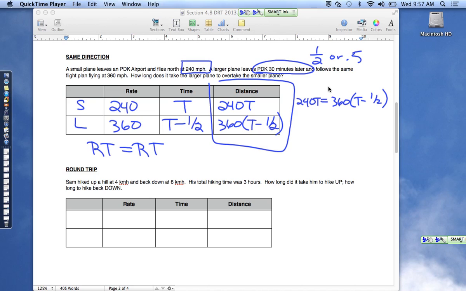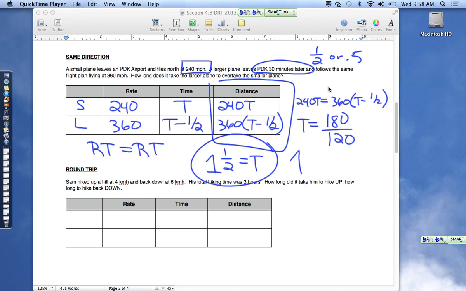And solving that for t, I'll let you all get through that. t ends up being the fraction 180 over 120. This represents time. So I need to take this and turn this into time. And if I do the mixed number, that's actually 1.5. So that represents 1.5 hours. And then you have to go back to your chart.